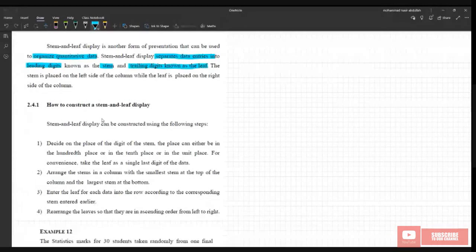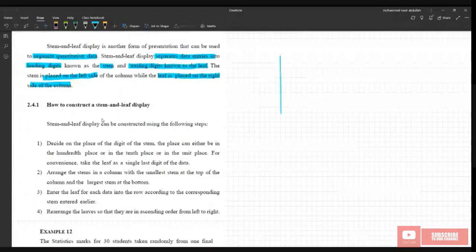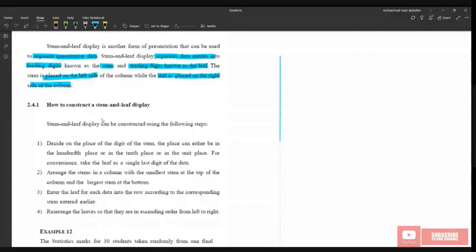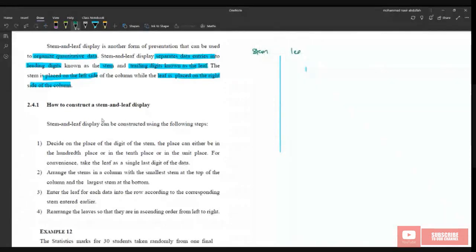The stem is placed on the left side of the column while the leaf is placed on the right side of the column. So now on stem and leaf, we're going to separate the two columns, right? This is going to be stem, and this is going to be leaf, right?